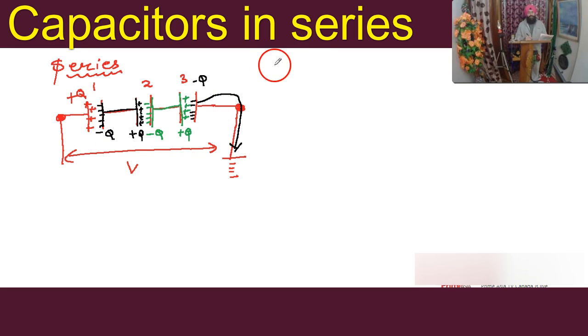Now what is the relation between V, C and Q? Very simple. The relation is VC equals Q. These capacitors are of different capacitance, C1, C2, C3, but the charge Q is the same.